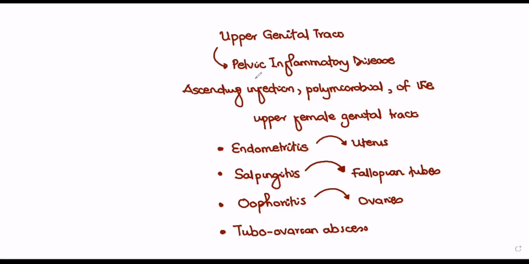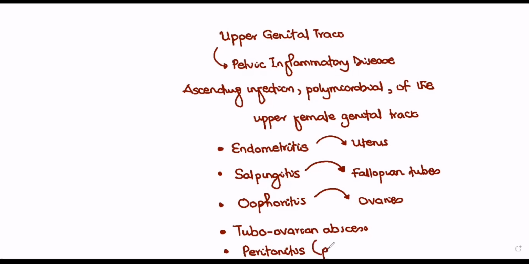So it can cause what? Peritonitis. So peritonitis can also come from a PID. So you can have a pelvic peritonitis when the ascending infection climbs out of the fallopian tube, and then it's now involving the pelvic peritoneum. Then that's what? A peritonitis.